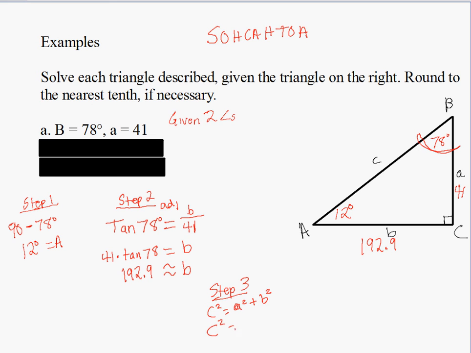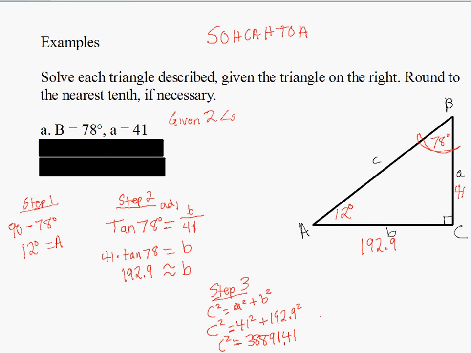So C squared is equal to 41 squared plus 192.9 squared. Plug that in your calculator. This is going to be 41 times 41 plus 192.9 squared, and that's going to be 38,891.41. That's what C squared is equal to.